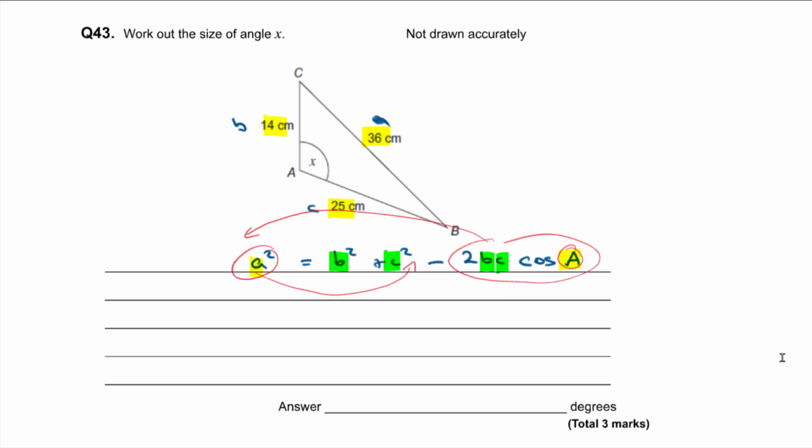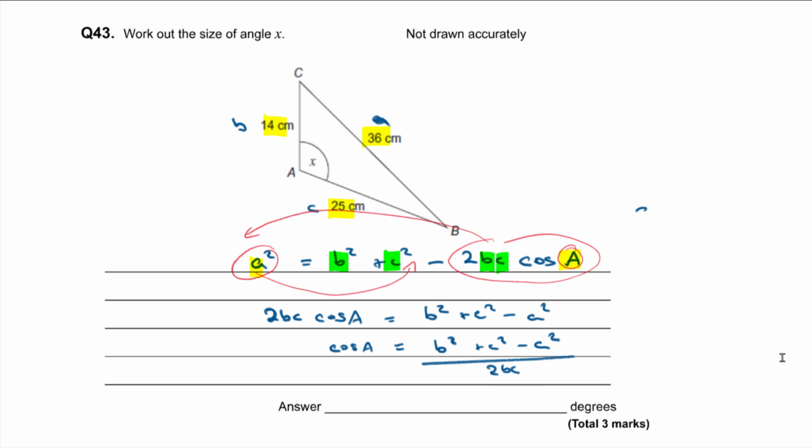I'm going to rewrite this as 2BC cos A is equal to B squared plus C squared minus A squared. And then finally, dividing through by 2BC, I get cos A is equal to B squared plus C squared minus A squared over 2BC. Once I've got it written like that, then I can sub into it.